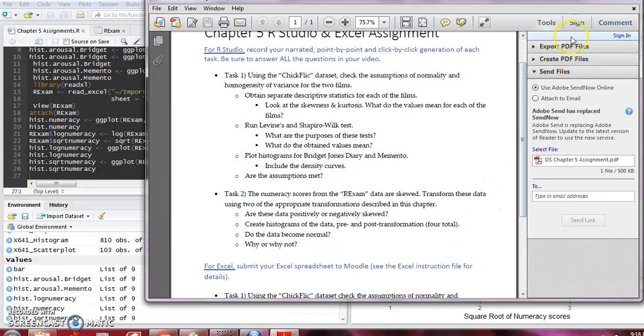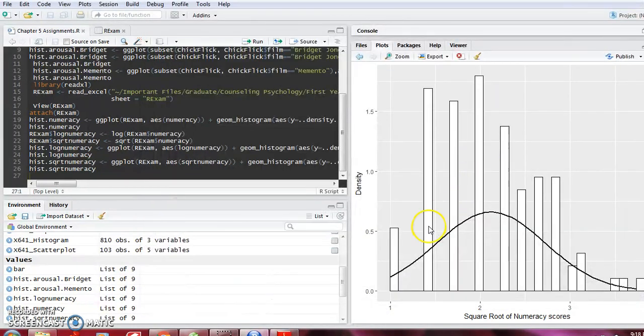And what else was I supposed to say about this assignment? Oh yeah, if it became normal, why or why not? So when we transform our data, we're not essentially changing the norm. Well, kind of, sort of. Well, anyways, let me get back to the main point.